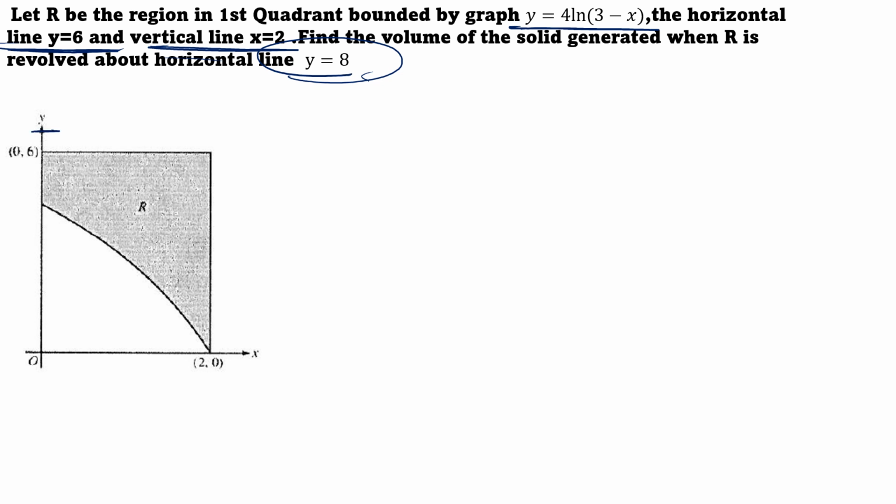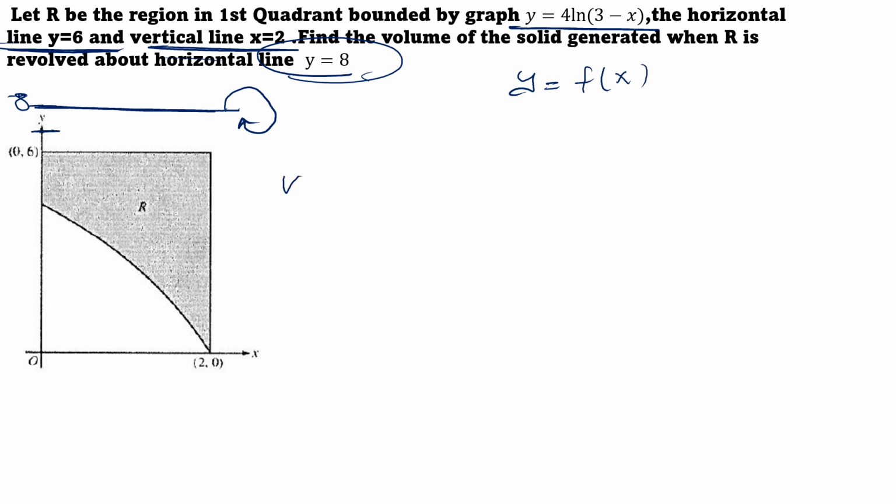So again here 7 and here 8. This is the line which has to be revolved, so the graph will move in this way, which means the equation should be written in the form y equals f of x.